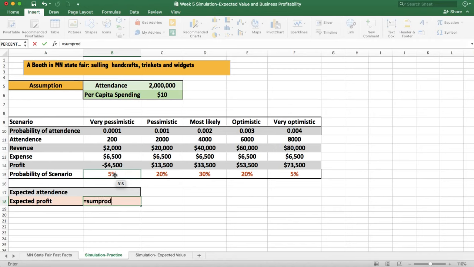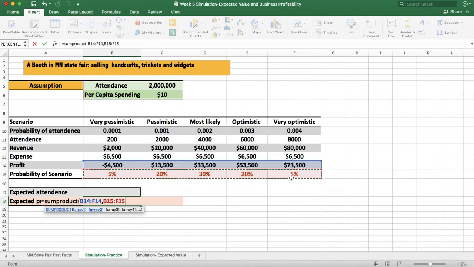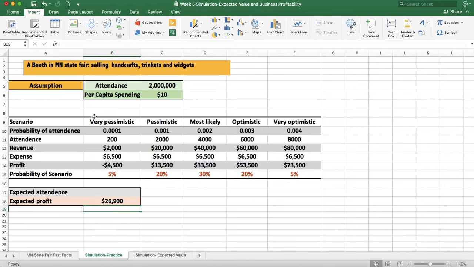SUMPRODUCT: just the profit array, comma, and probability. Oh, this is the expected profit. Oh, that's a pretty good deal.